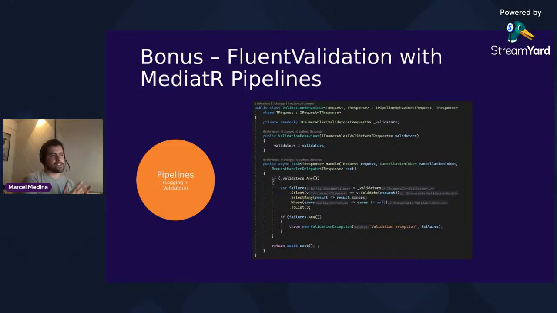I just took this screenshot, but you can see there's an interface called IPipelineBehavior. Before it gets to do the operation, it triggers the pipeline, and the pipeline triggers something that you put in there.